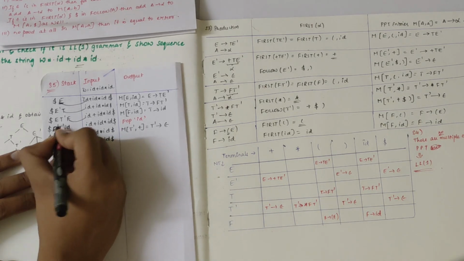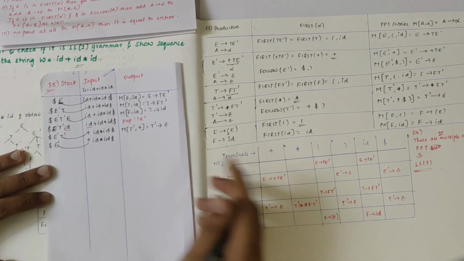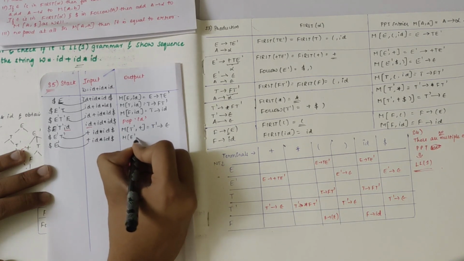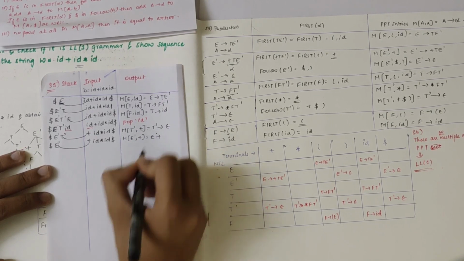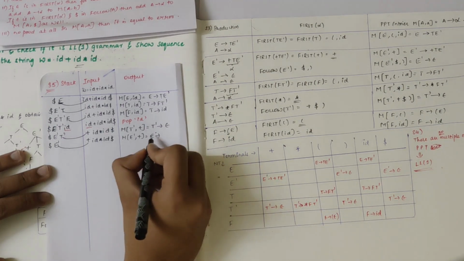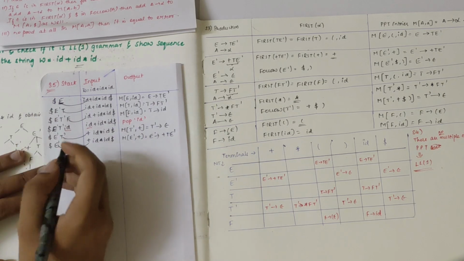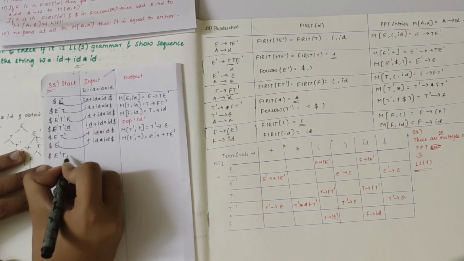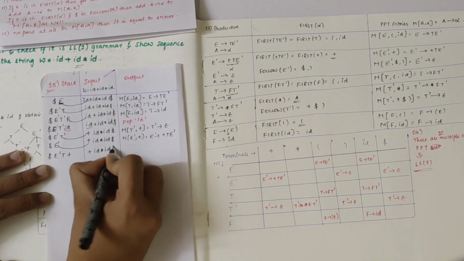M of E dash on plus gives E dash derives plus T dash. So plus T dash, reverse it and write. So $E dash T plus, here also plus ID star ID dollar.